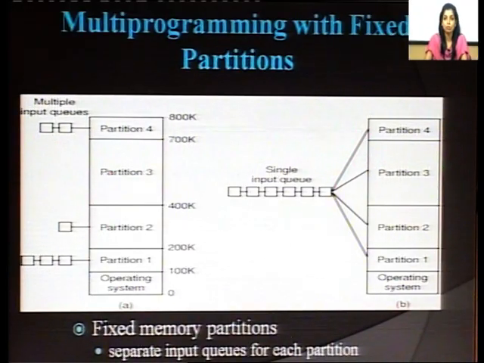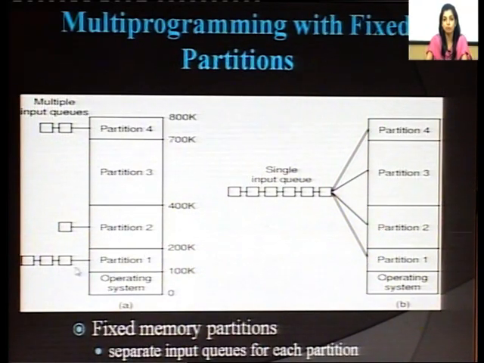Now in multiprogramming, we partition the memory depending upon the execution of the processes. Either we dynamically partition the memory, or we partition the memory with fixed partitions. Like this, we partition memory with fixed sizes. The operating system takes 100 kilobytes, then partition 1 takes 100 kilobytes, then partition 2 takes 200 kilobytes, then partition 3, and according to the processes we partition the memory.